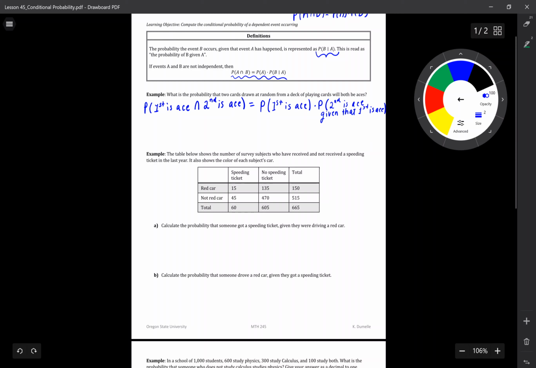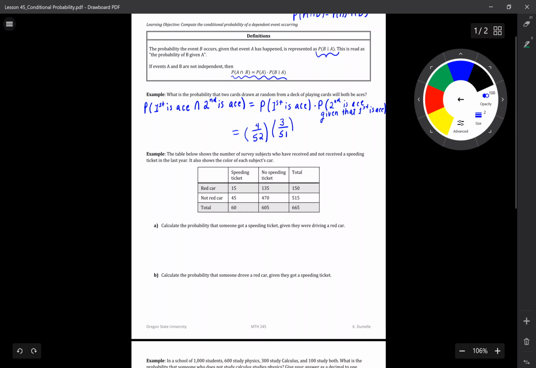So what is the probability that the first card that you draw is an ace? Well, there are 4 aces in a deck and there are 52 cards. What about the probability that the second card is an ace given that the first one is an ace? You've already drawn one card, so there are only 51 cards left, and there are only 3 aces left.